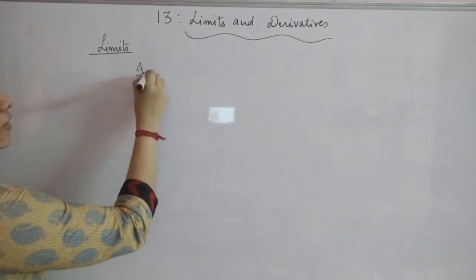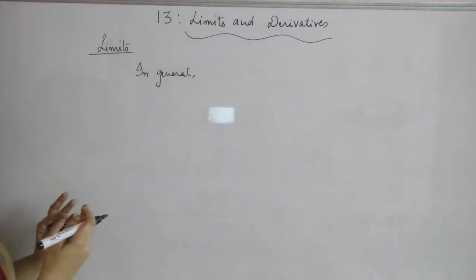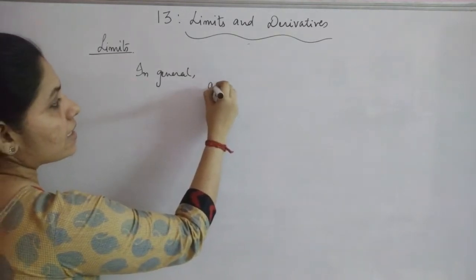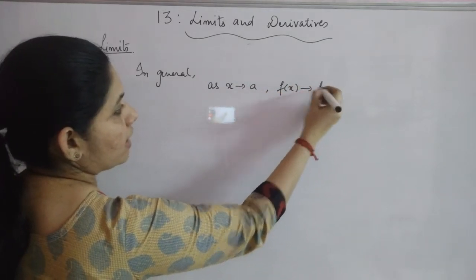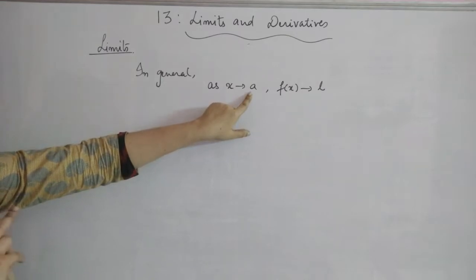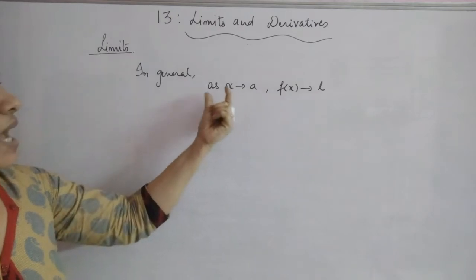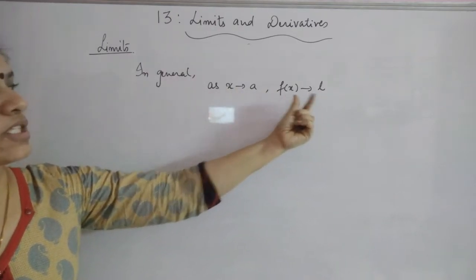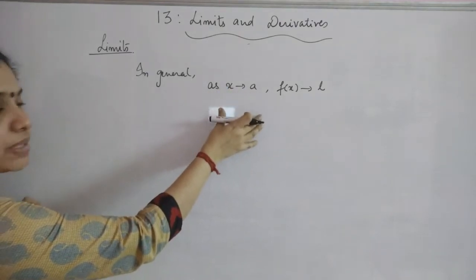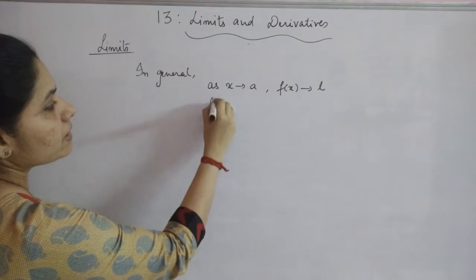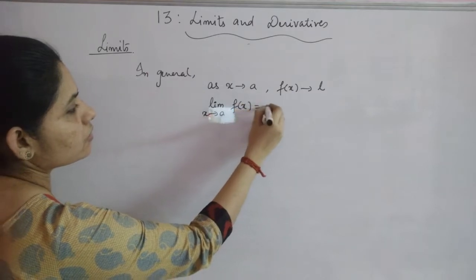So generalizing the definition of limit, you can say that in general, if as x tends to a, the function f of x tends to L, that is, instead of 2 in the other problem we have a here, and instead of 4 we have L here, then its mathematical representation will be limit x tends to a, f of x is equal to L.